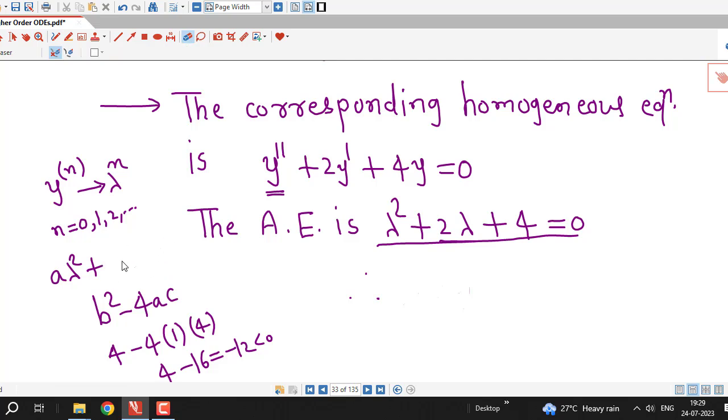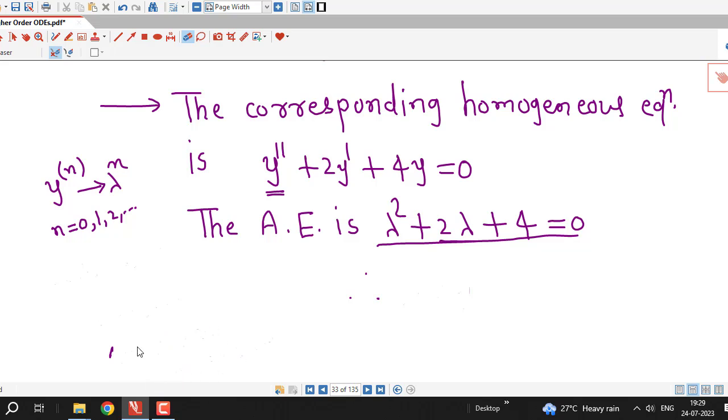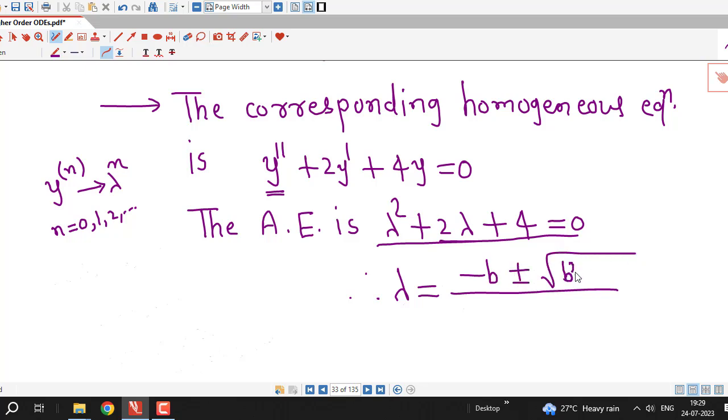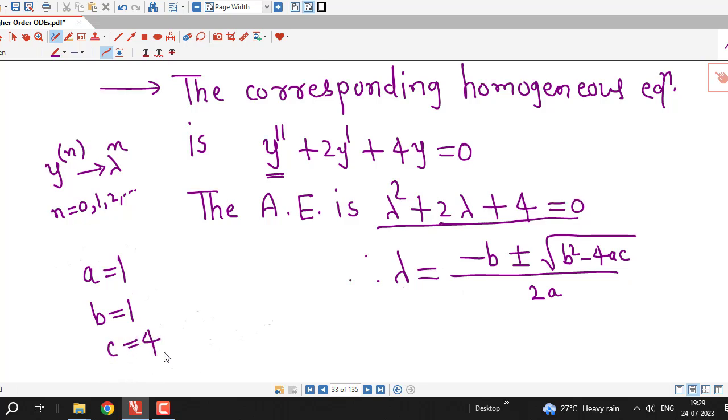We know that if b square minus 4ac is negative, then the quadratic equation has complex roots, and we have a ready-made formula for the solution of a quadratic equation. It is minus b plus or minus square root of b square minus 4ac divided by 2a. Here a means the coefficient of lambda square, b is the coefficient of lambda, and c is the constant term.